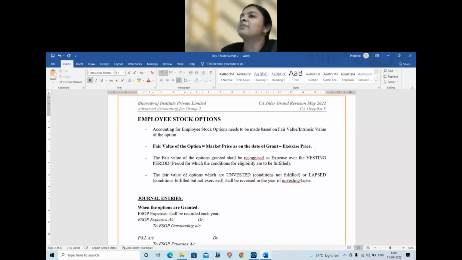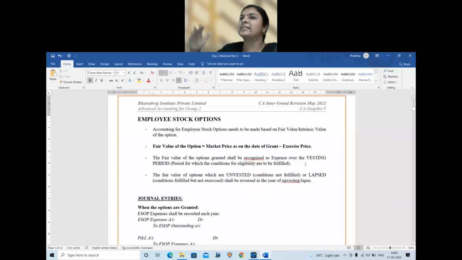Say suppose the conditions are to be fulfilled for 3 years. Now if it is for 3 years, the options need to be spread over the period of 3 years. So naturally the expense will be spread and recognized over a period of 3 years. So the fair value of the options granted shall be recognized as expense over the vesting period.